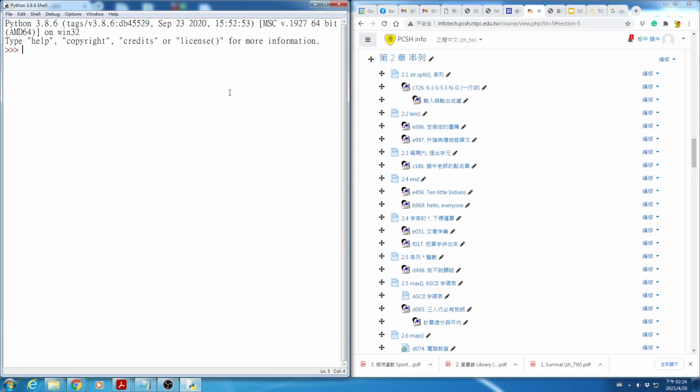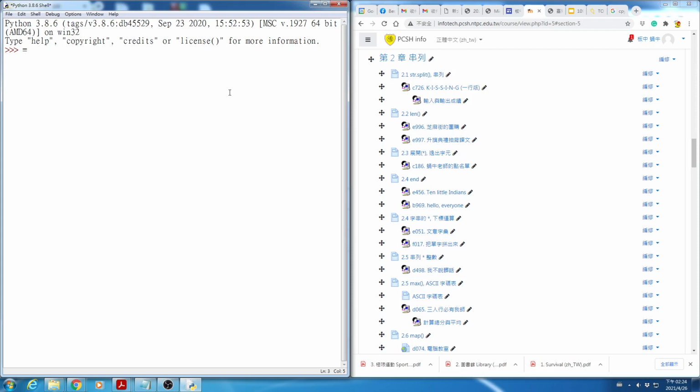In the summer, I told you what the equal sign does in the Python language. Do you remember that? It does the assignment. It assigns a value to a variable.